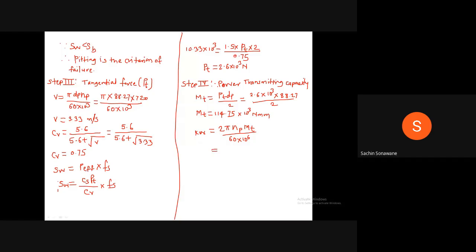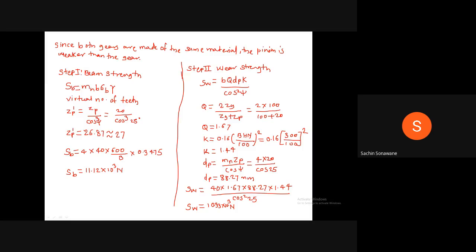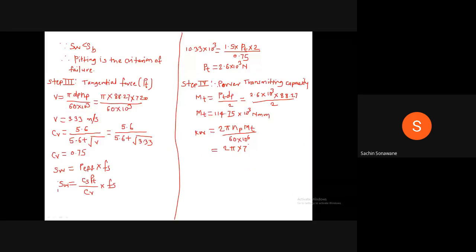Therefore, substitute the values. 2 pi into 720 rpm into 114.75 into 10 raised to 3 divided by 60 into 10 raised to 6.